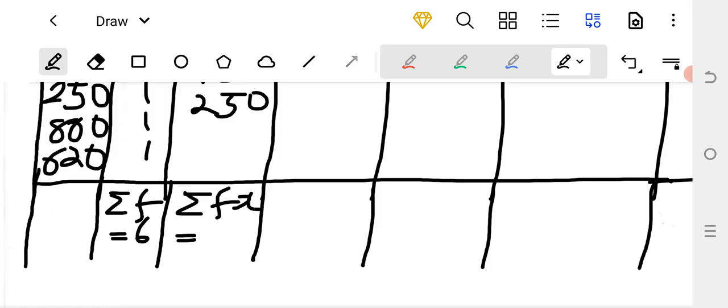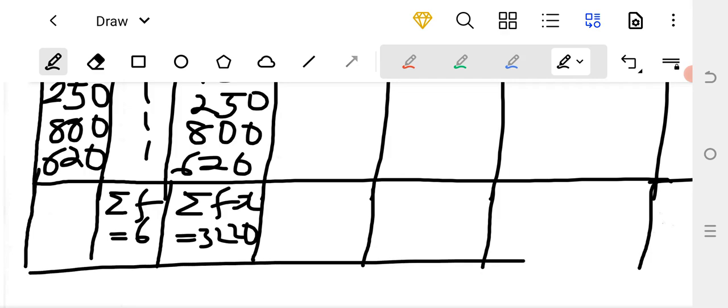Let me just write it properly. Here it's 800, and then here it's 620. Then it's going to give us 3,220. Okay, at least we are able to write that value.